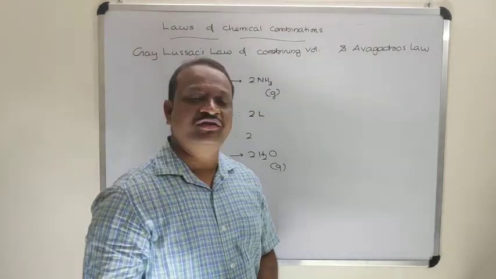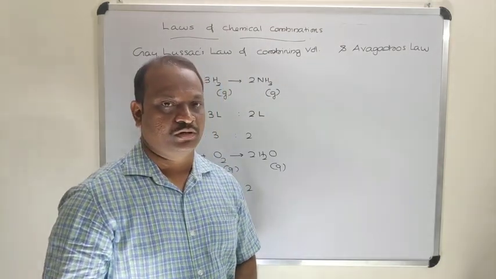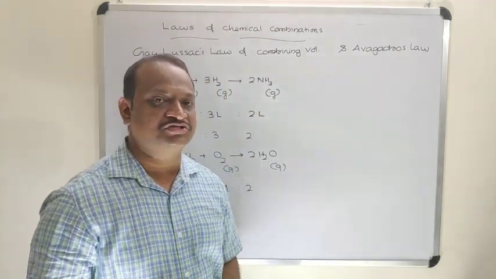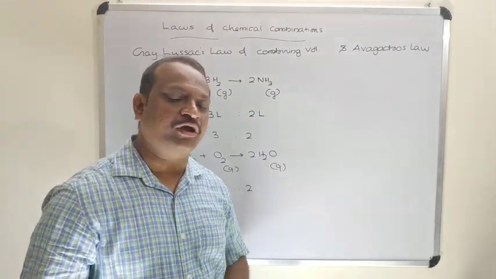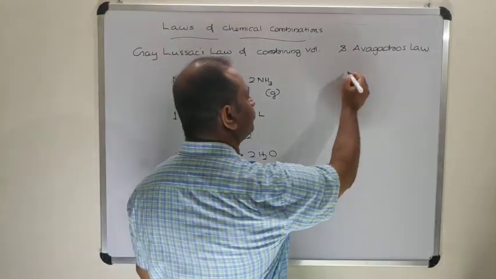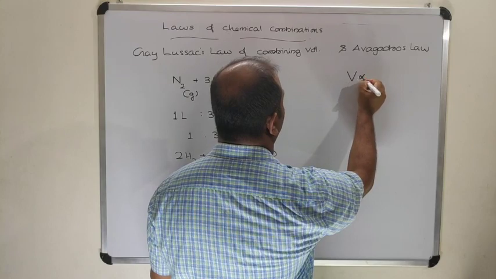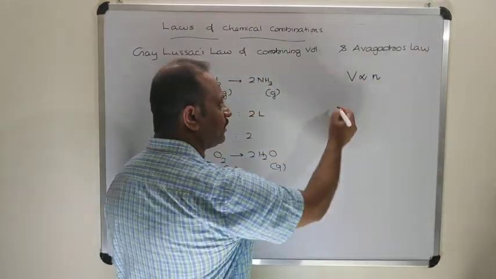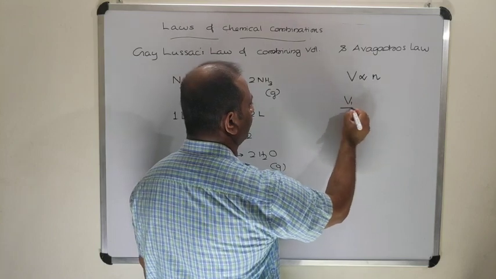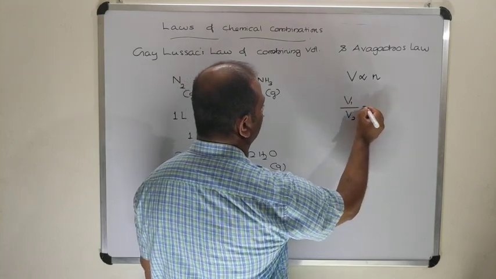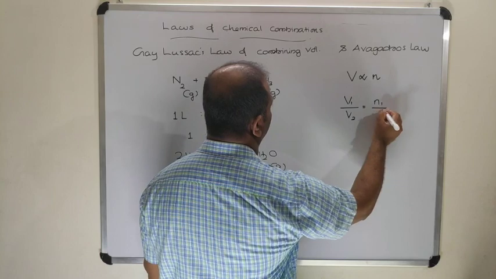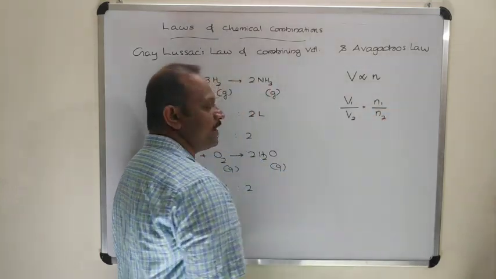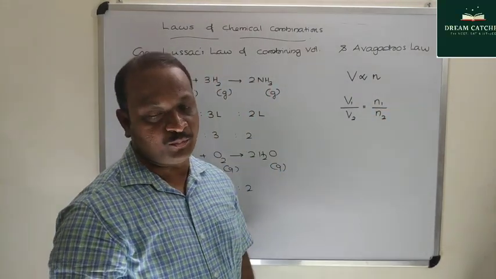Now let's see what is meant by Avogadro's law. Avogadro's law is this: under identical conditions of temperature and pressure, volume is directly proportional to the number of moles. Or we can write V1 divided by V2 is equal to n1 divided by n2, where small n represents the number of moles.